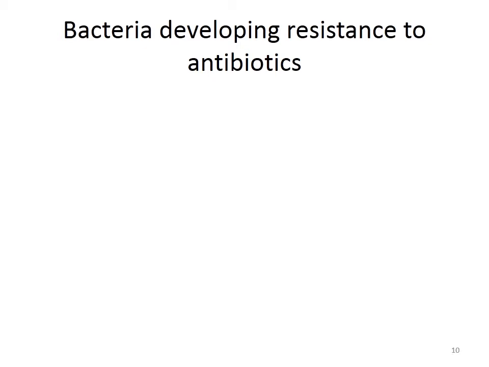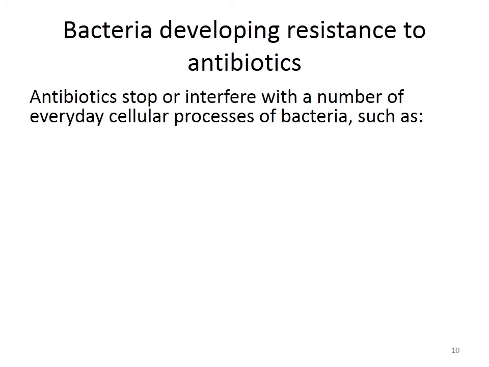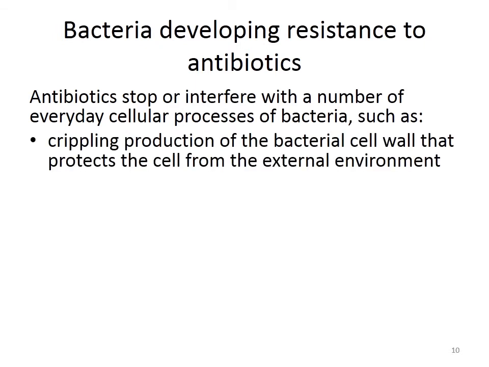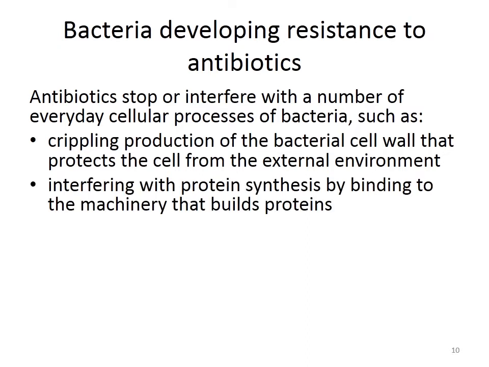Bacteria developing resistance to antibiotics. I want to talk a little bit about how that occurs. First of all, antibiotics stop or interfere with a number of processes of bacteria. They can stop or cripple production of the bacterial cell wall, which obviously protects the bacterial cell from the external environment.